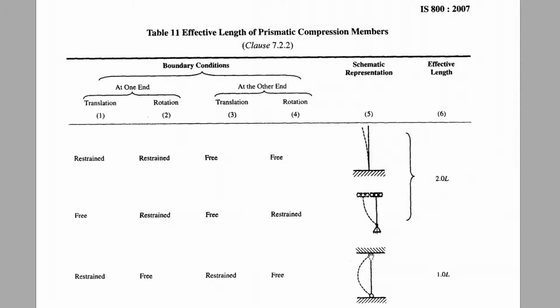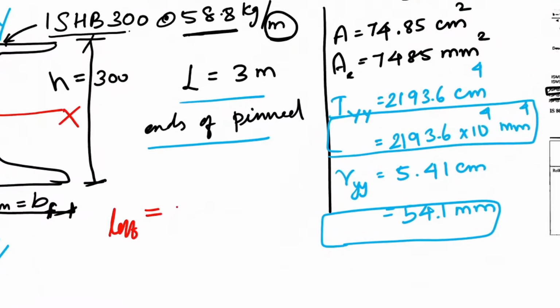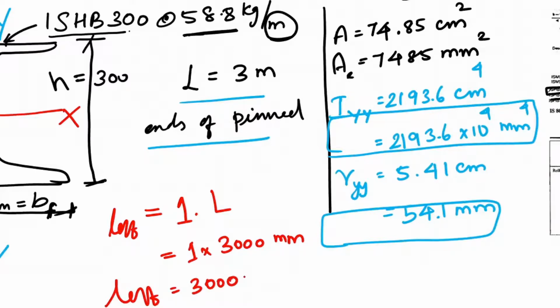So this end won't move, but it can rotate. This is the pinned end. If both ends are pinned, my effective length is 1 times the total length of the column. So 1 multiplied with 3000. I'm writing it here in mm. So my effective length of the given column is 3000 mm.